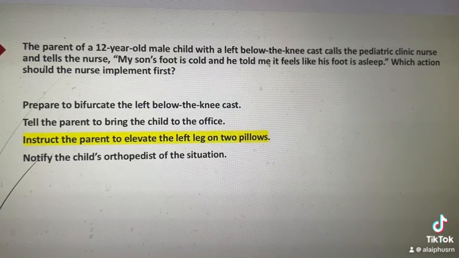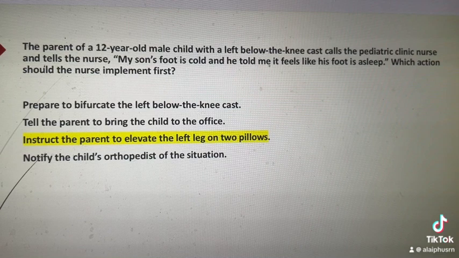With this particular situation, number 1, prepare to bifurcate. Bifurcate means split in two, or cut the left below the knee cast. We all know that nurses are not allowed to do this, only the orthopedic surgeons, so this is not an option for us. Number 2, tell the parent to bring the child to the office.